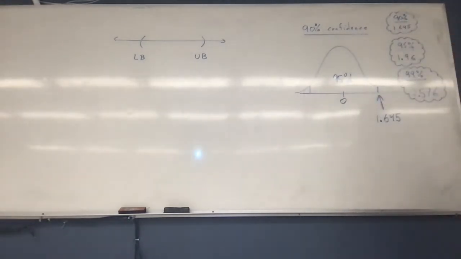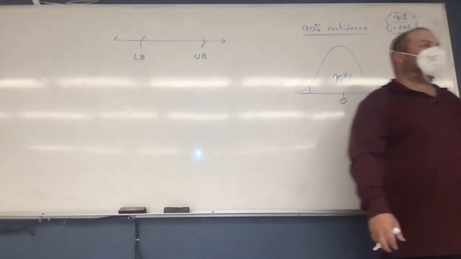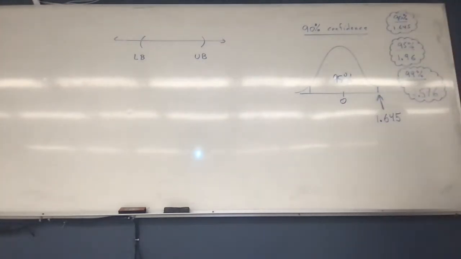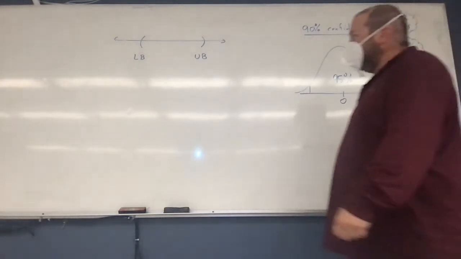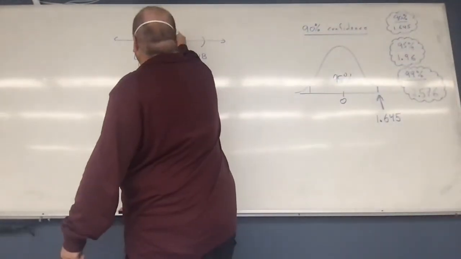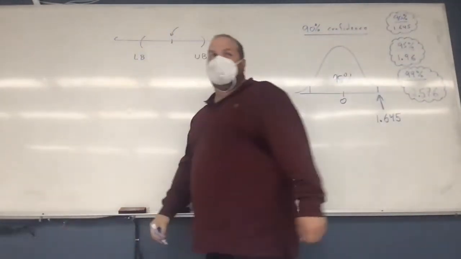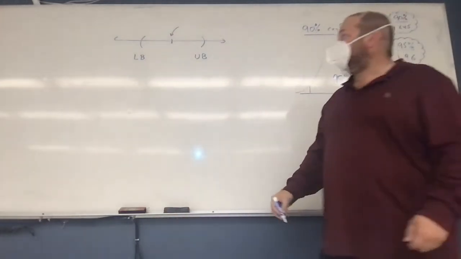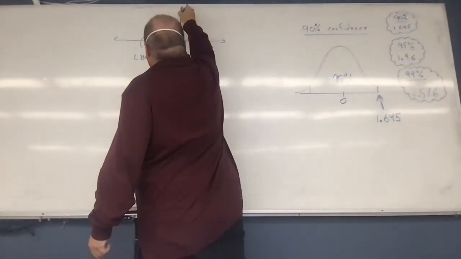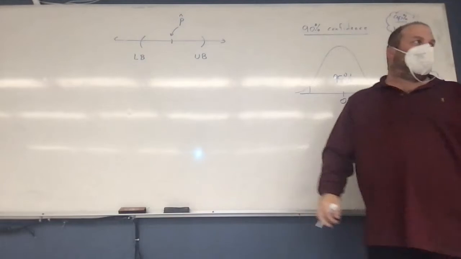Lower something and upper something is correct. What's the B? The lower bound and the upper bound. What's at the center of my confidence interval? What's the exact center? P hat. P hat is the exact center.